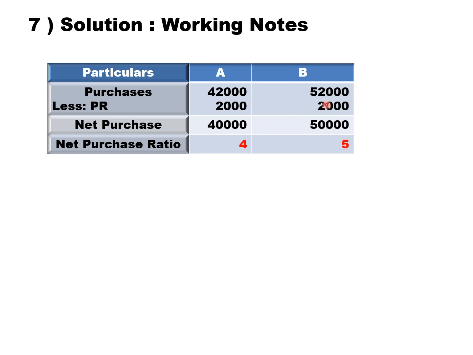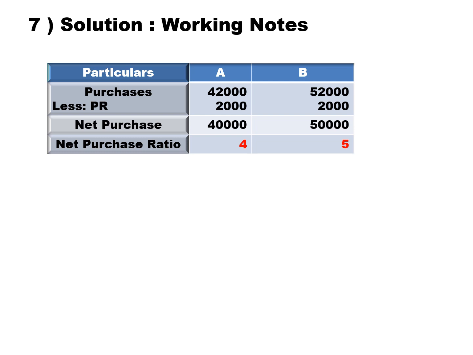So students, how to calculate the net purchase ratio? The purchases of A 42,000, B 52,000, less purchase return 2,000, you get net purchase 40,000 and 50,000.